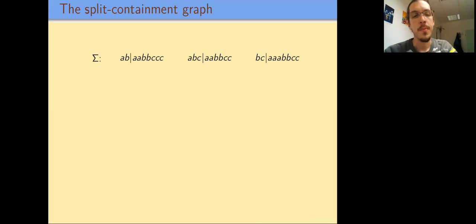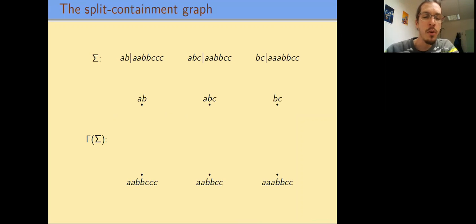How does this work? Basically, you take all your splits in your split system. Here in my example, there are three splits. The vertices of your graph are all the sets induced by the splits. Each split induces two sets, so the number of vertices in your containment graph is 2 times the number of splits.